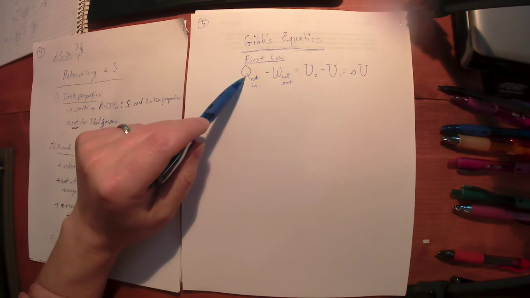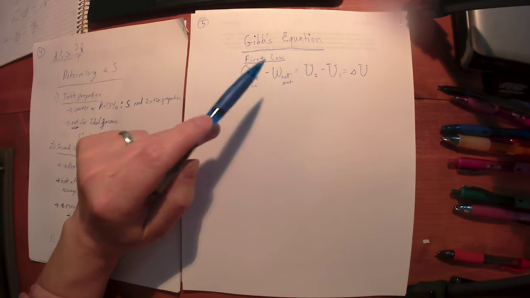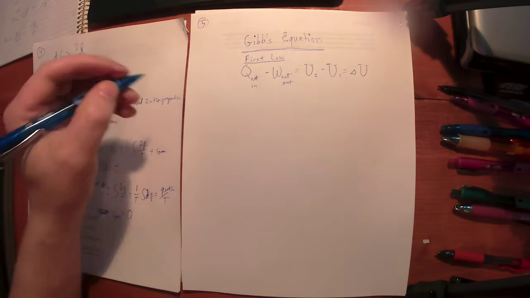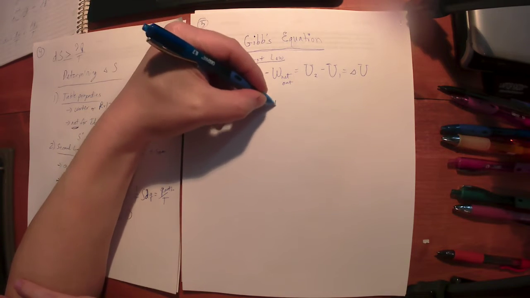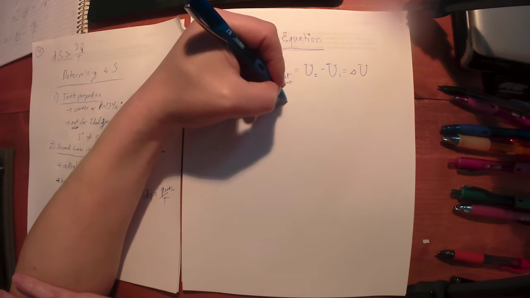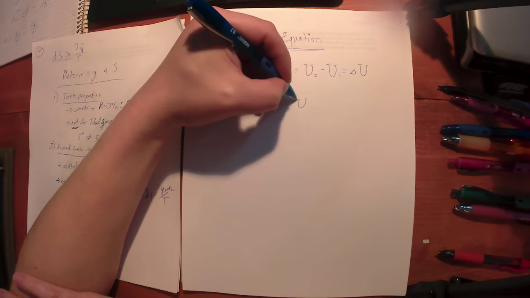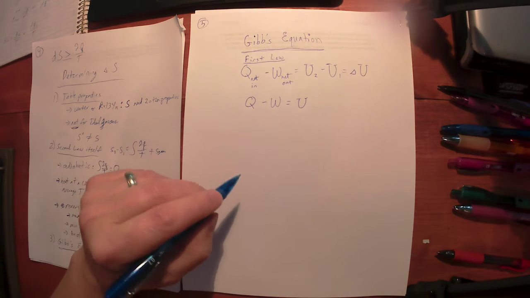And again, this is Q in minus Q out minus the quantity W out minus W in. A lot of texts, and I think we've mentioned this in class before, like to put in and out subscripts on heat and work, but a lot of texts will write the first law this way. They'll just say Q minus W equals delta U.